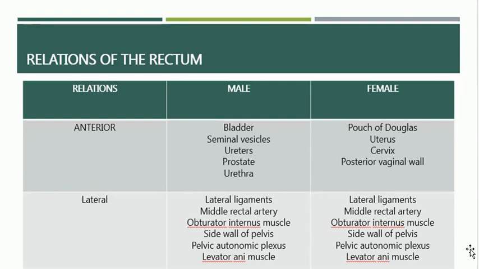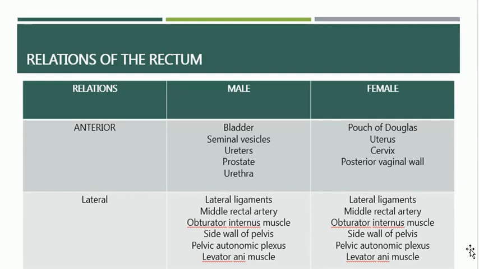Laterally, in males, the rectum has the lateral ligaments, middle rectal artery, obturator internus muscle, the bony side wall of the pelvis, and pelvic autonomic plexuses.